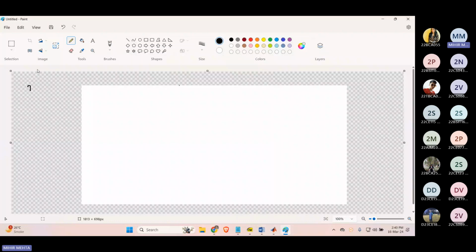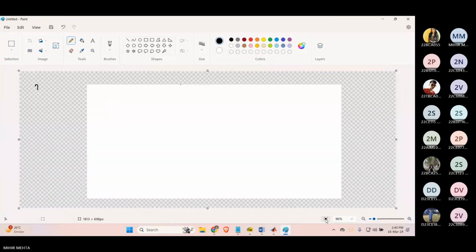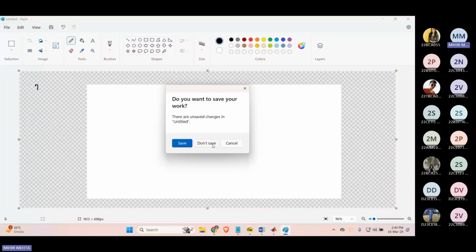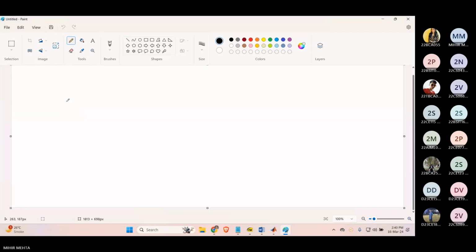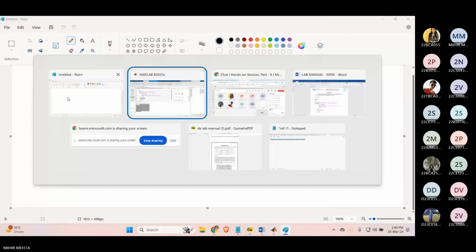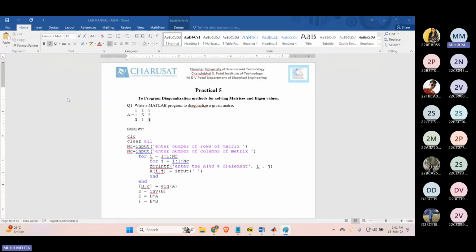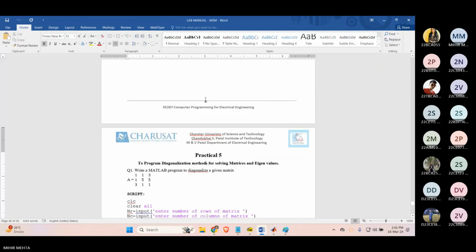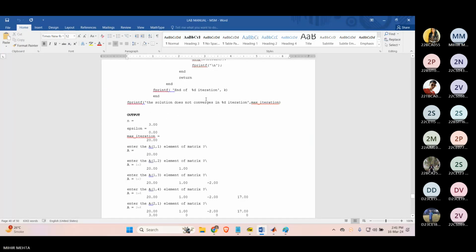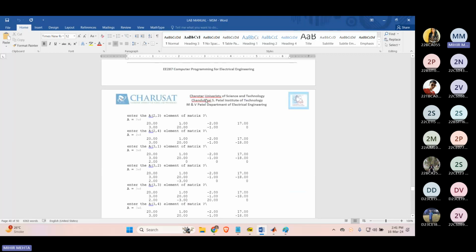What is wrong with this now? Okay. So next, I want you to bring back your third experiment, where we have two methods to be discussed.